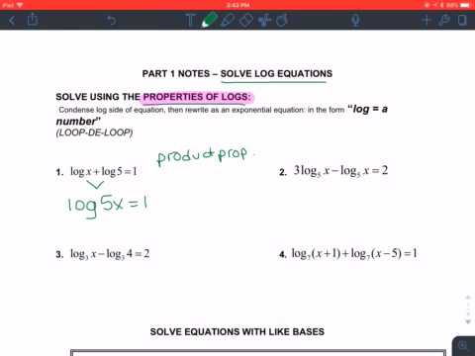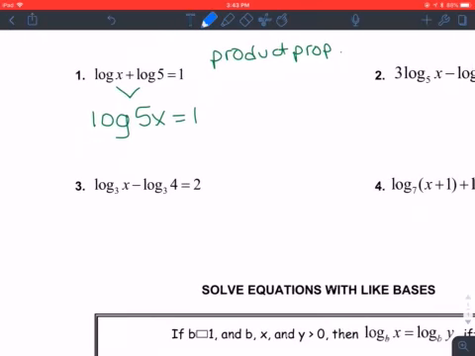Once I have them combined into a single log, I can then rewrite this log as an exponential equation. So I'm going to rewrite this. Remember that if there is no base given, it's automatically a base 10.